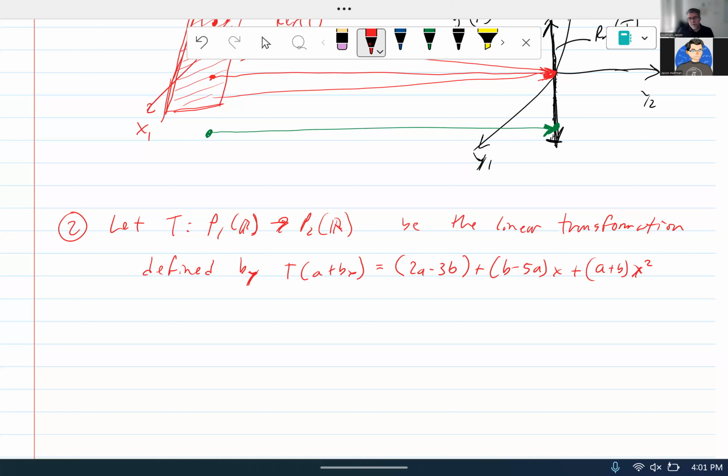Okay, so all I have to know is A and B, and then in my linear, I can get my quadratic from this.